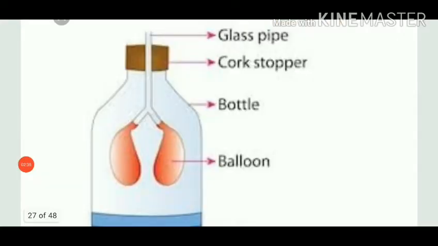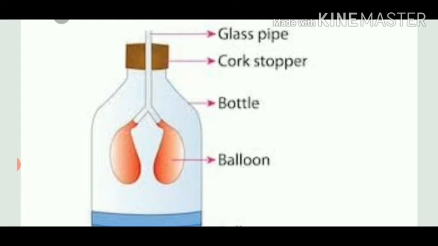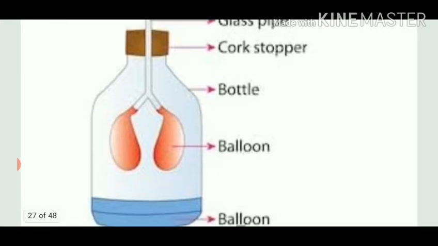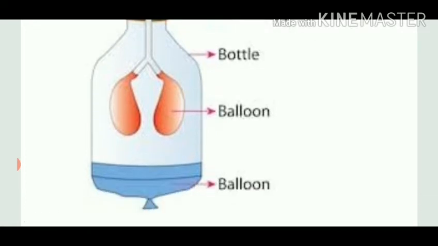Now, to demonstrate how the diaphragm works during breathing, we can perform a simple activity. For this, we require a bell jar with cork, straw, rubber sheet and small balloons. This is the setup of the activity where the balloons in this model are representing lungs and the rubber sheet is representing the diaphragm.